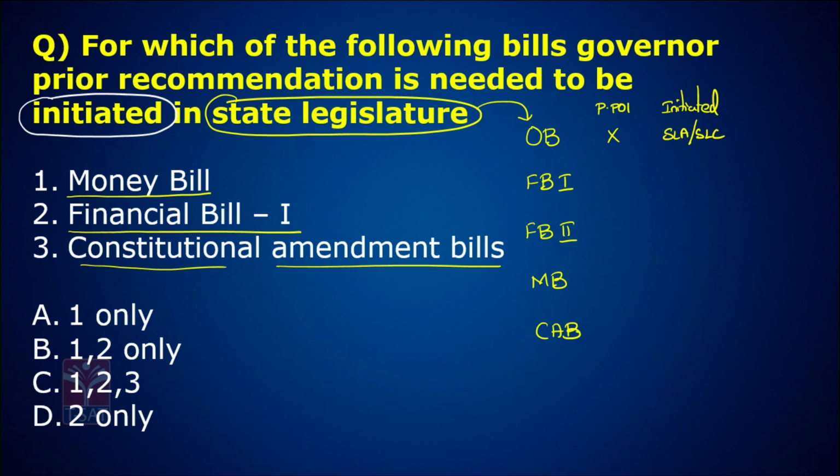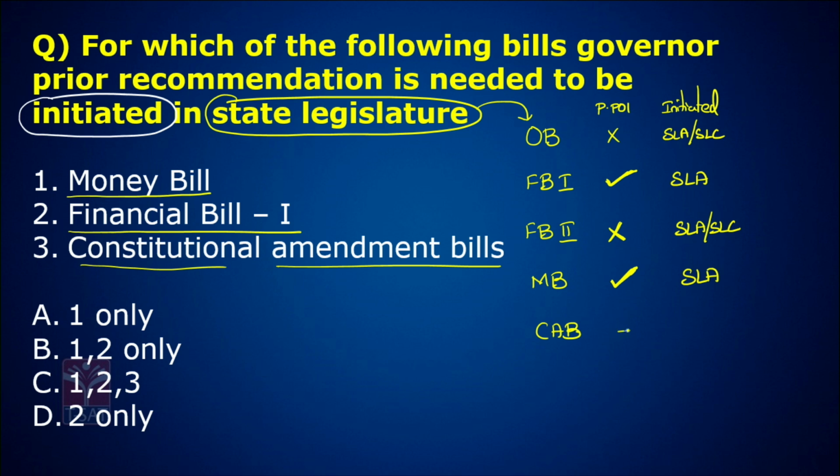Financial Bill Type 1 needs President of India prior permission, and it is initiated only from Assembly. Financial Bill Type 2 doesn't need prior permission, and it can be initiated either from Assembly or Council. Money Bill needs President of India prior permission, and it is also initiated only from Assembly.